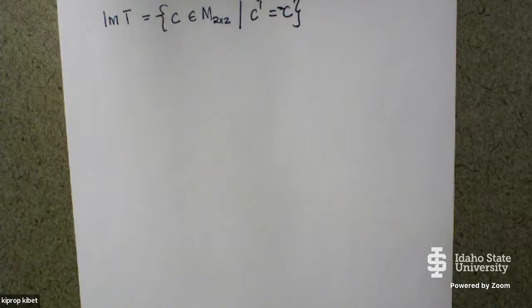This is an example of a matrix whose transpose is a negative; we can factor out the negative and then you get a transpose.